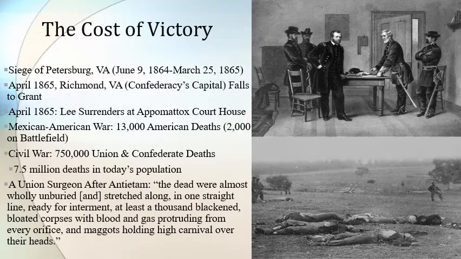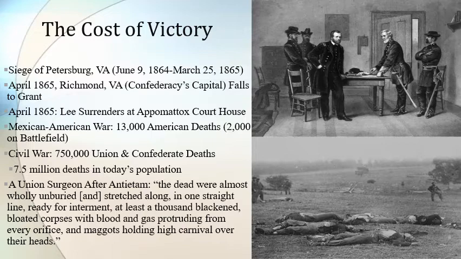For over 100 years, it has been accepted that just under 620,000 men died in the Civil War, 360,000 from the North and 258,000 from the South. In 2012, however, one historian argued convincingly that the number of deaths was actually closer to 750,000. Now, think about this for a second. The total population in 1860 was about 31 million people.